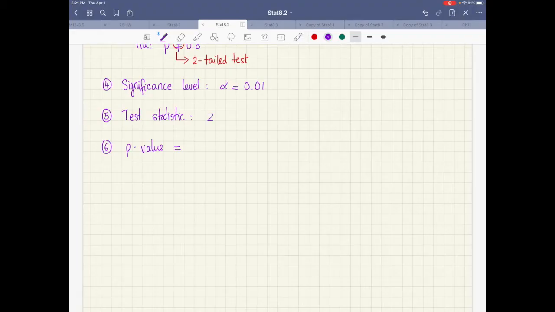I get z equals 0.41208169. This is the z-score, so I am going to round it to 2 decimal places. However, if there is an instruction on your homework problem, please follow the instruction on how to round.